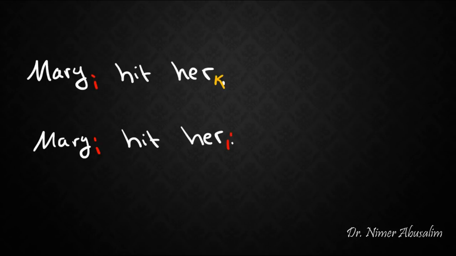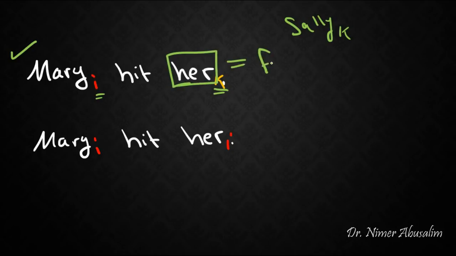Now pronouns seem to have the same problem. Pronouns, of course, relate to principle B of the binding theory. Take these examples. In the first example, where Mary and her are not co-indexed, when we say Mary hit her, we mean that Mary hit some other girl, say Sally. This sentence is grammatical. And we know why already, because the pronoun, we said, must be free.